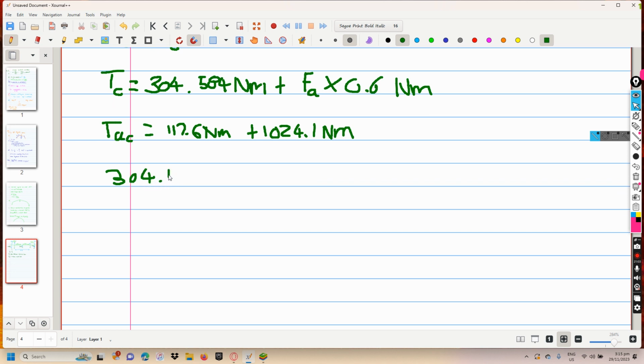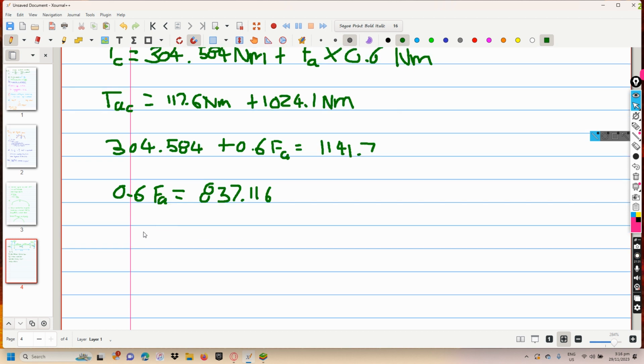So 304.584 plus 0.6 times that support force is equal to, I'm just going to add that up in one go, 1141.7. Okay, rearrange, you get 0.6 times force A is equal to that minus 304.584, 837.11.